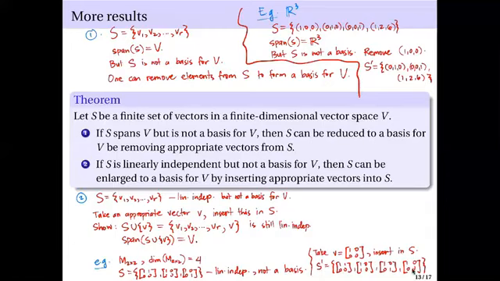In fact, we've shown that this is a basis. Okay? So that's what Theorem 2 says. You have a vector space, you have a linearly independent set, which is not a basis. You can enlarge it by inserting some appropriate vector. And then show that after the insertion, it is a basis.